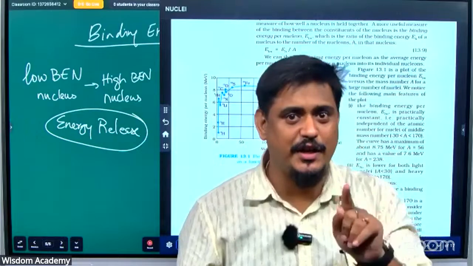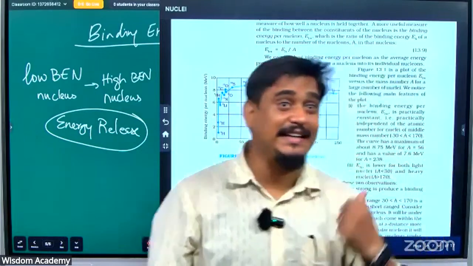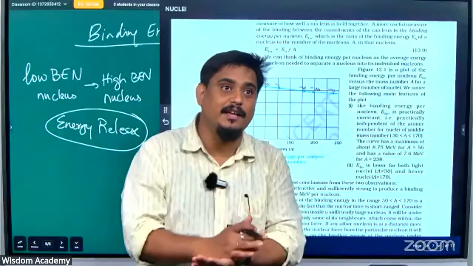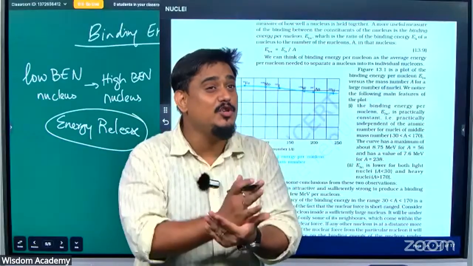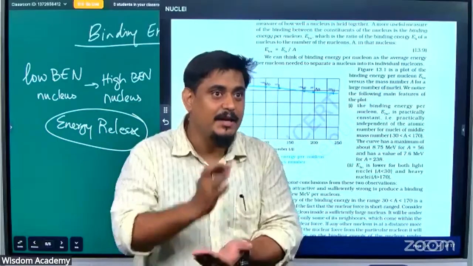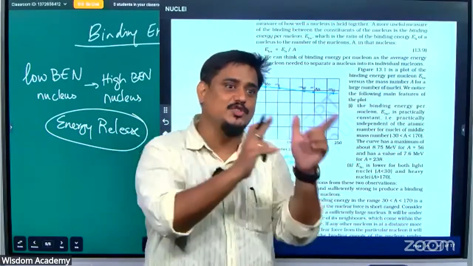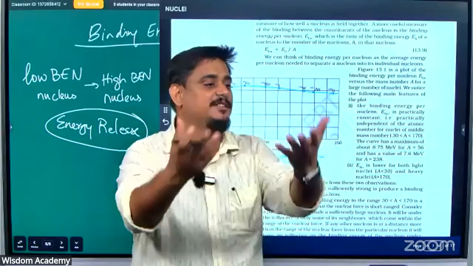In fission, we are going to break. See, many of you may know this, but not technically. You may know fission means breaking, fusion means combining. But what is breaking? Heavy nucleus is breaking, because heavy nucleus has low BEN. If that nucleus becomes mid-sized nuclei, then what happens? It releases some energy.